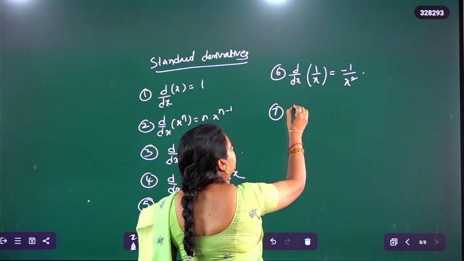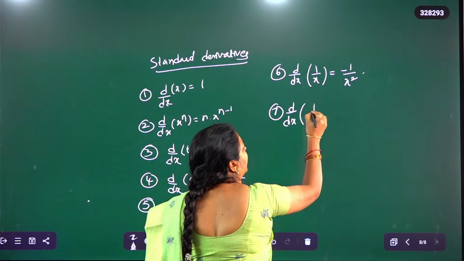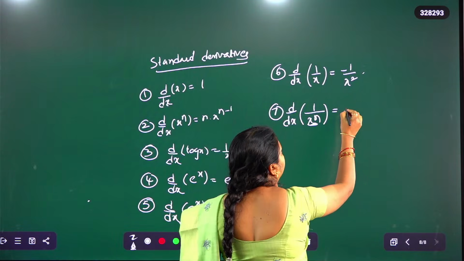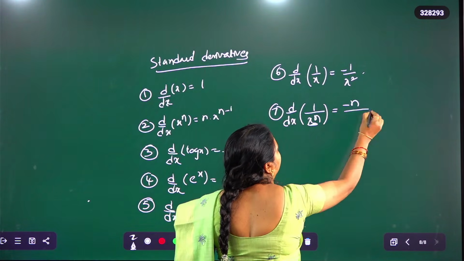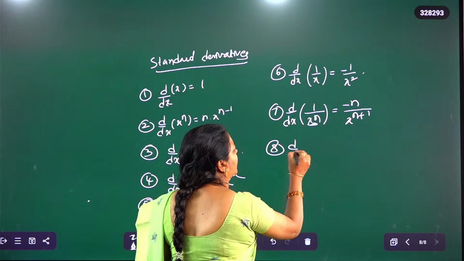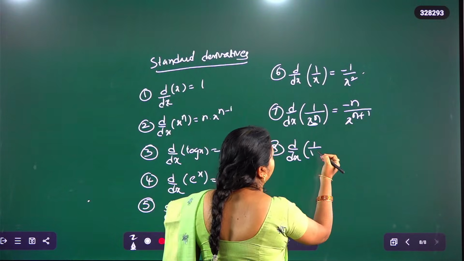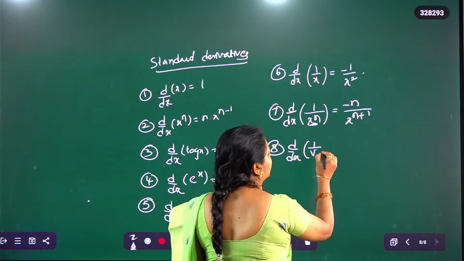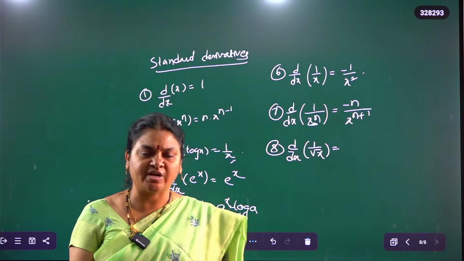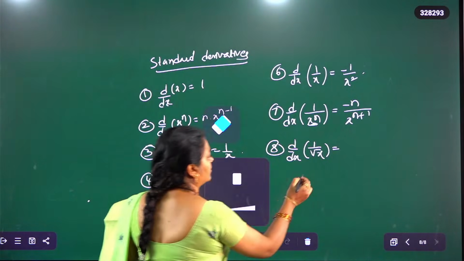And next, d/dx of 1/x^n = -n/x^(n+1). And one more formula, that is d/dx of 1/√x.